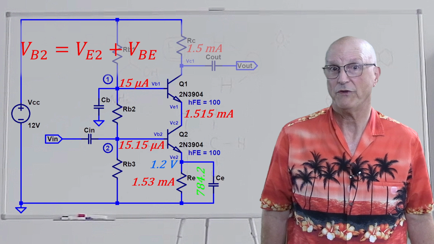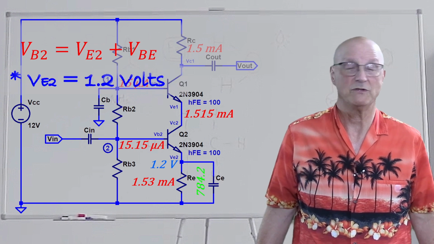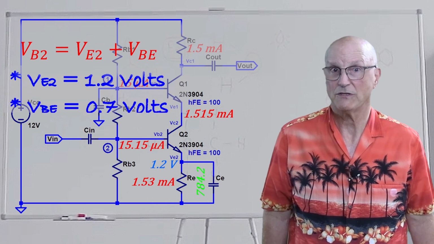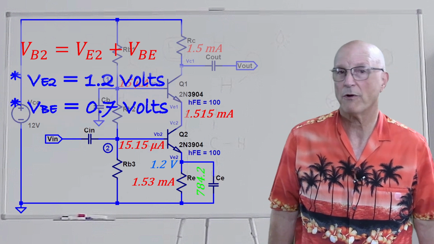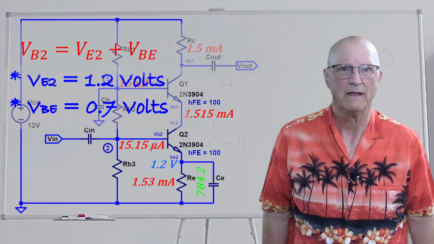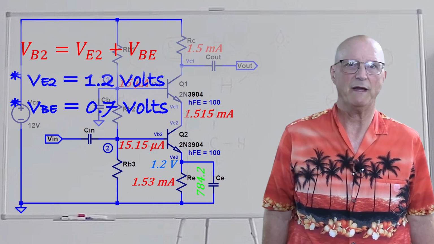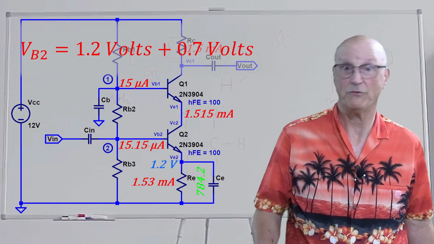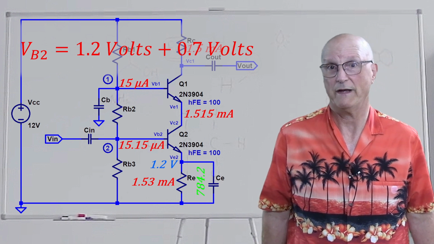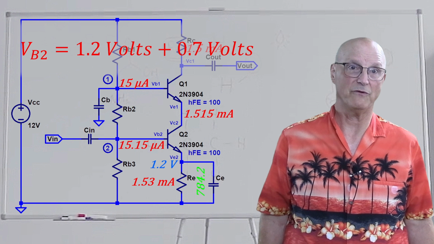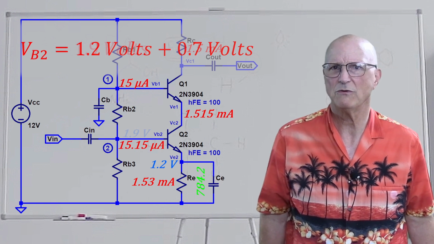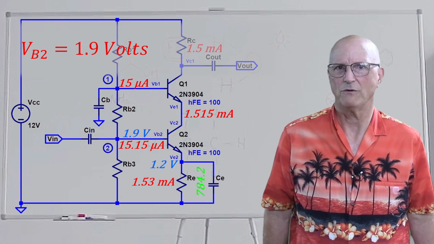We know the voltage on Q2's emitter is 1.2 volts as calculated, and the base emitter voltage is 0.7 volts per our standard model. This gives us Q2's base voltage is equal to 1.2 volts plus 0.7 volts, so Q2's base voltage is equal to 1.9 volts.